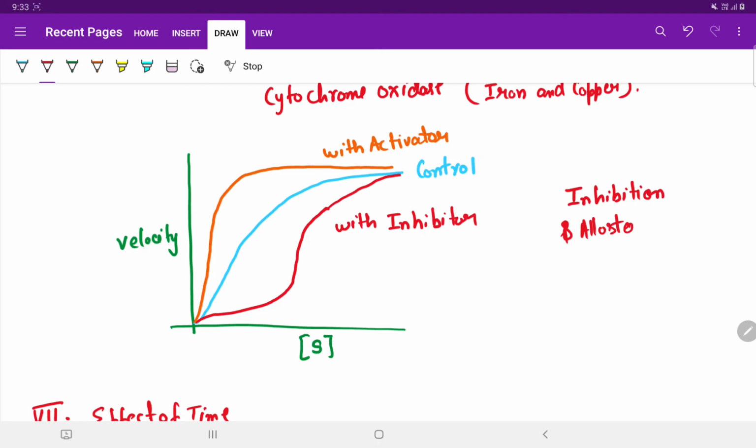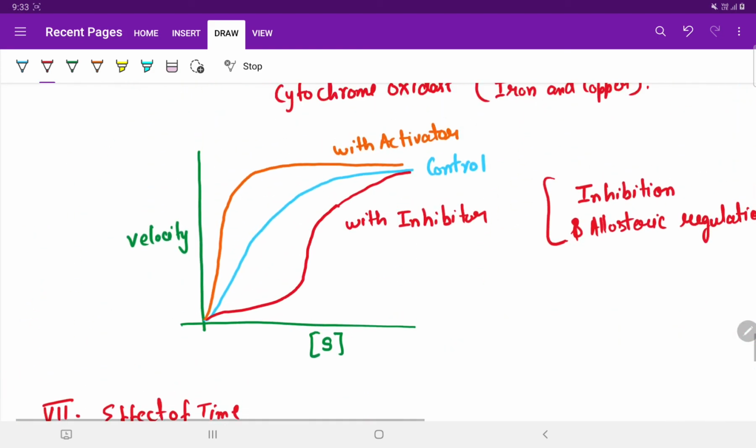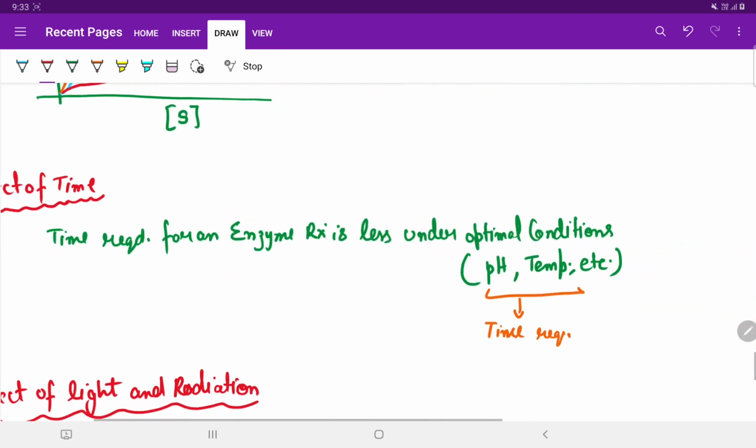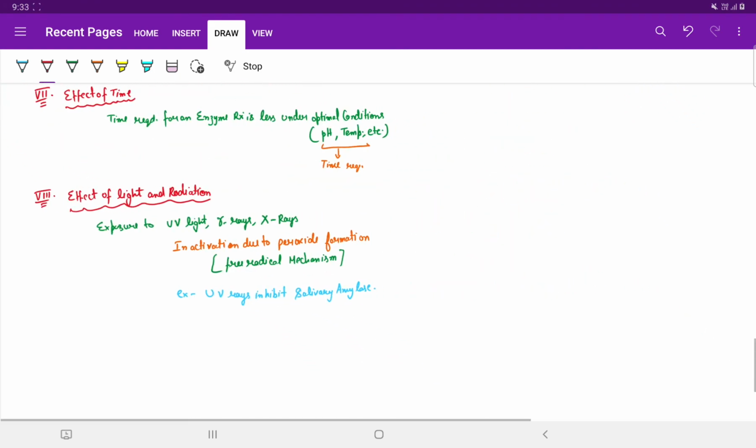The links for these particular topics are given in the description below, you can refer to that. Then the effect of time, and lastly the effect of light and radiation. So, I hope, students, this is all clear to you now.